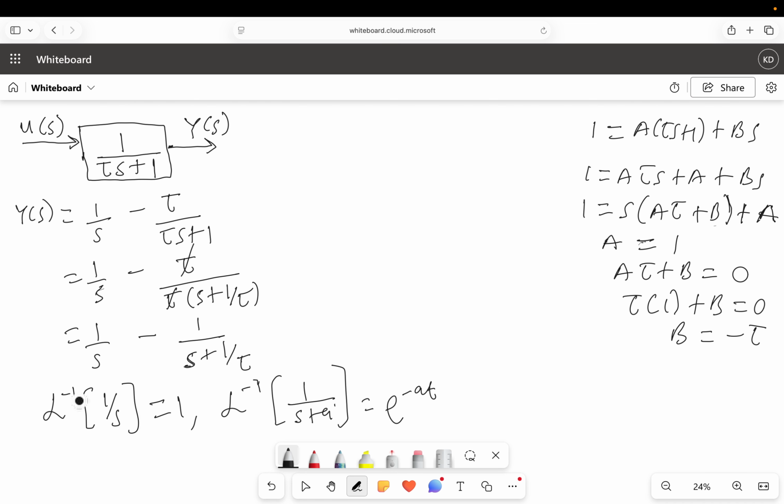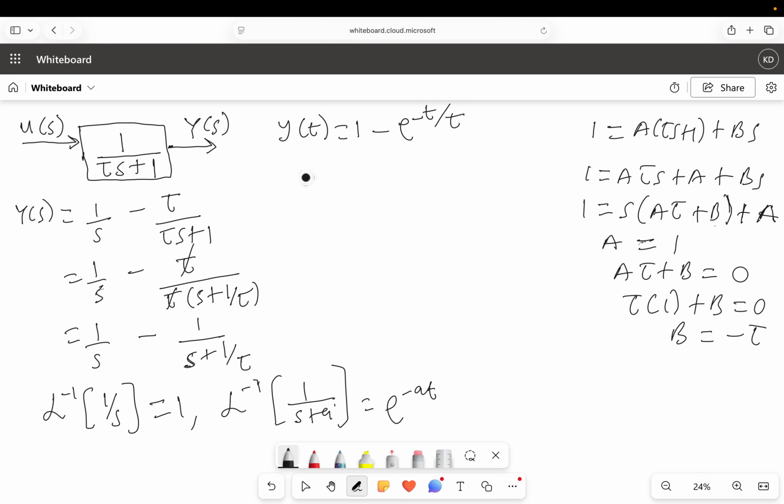I know that the inverse Laplace transform of 1 over s is just 1, and that of 1 over s plus a is just exponential of minus at. So taking the inverse Laplace transform of Y(s), I will have y(t). For this part, I will have 1, and for this part, my a is just 1 over tau, so I will have exponential of minus t over tau.